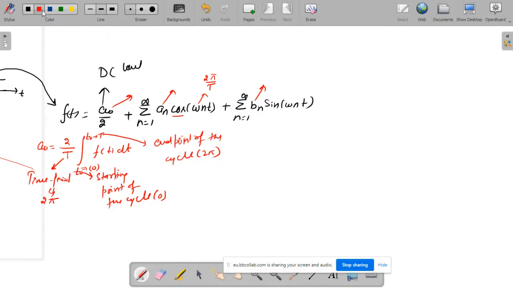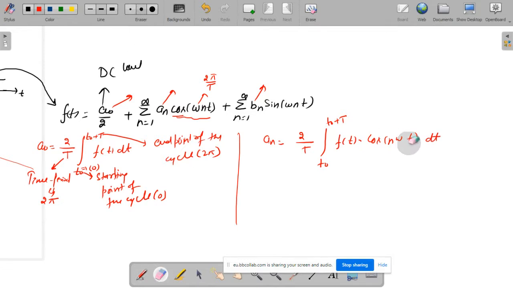Now see, a_n is equal to, just copy a naught here, 2 divided by T, integral from t naught to t naught plus T of f(t), and stop here. Now with a_n, cos is there, so write here cos(n omega t) dt.